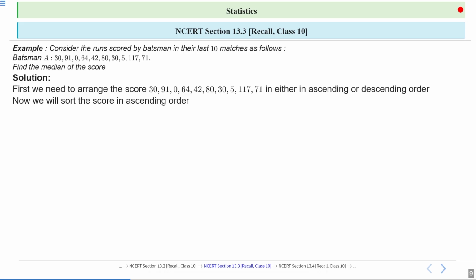Now we will sort the scores in ascending order. The scores will be 0, 5, 30, 30, 42, 64, 71, 80, 91, 117.